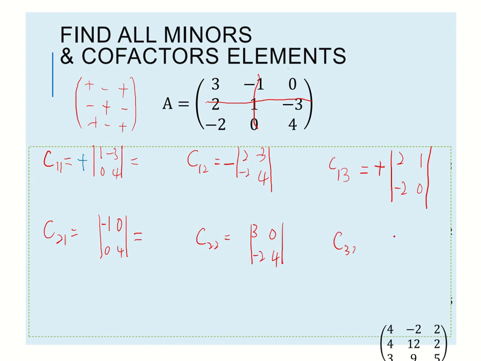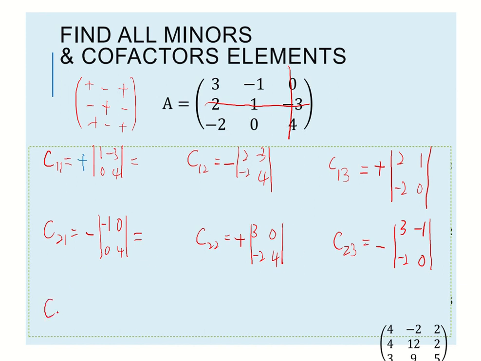Then the second row, third column: delete the second row, delete the third column, 3, negative 1, negative 2, 0. Now we apply the sign. This is negative, positive, and negative. You can actually apply the sign after you find all the minors. That should be okay.